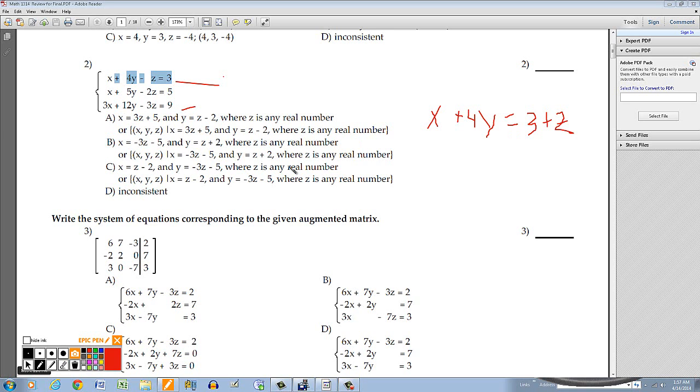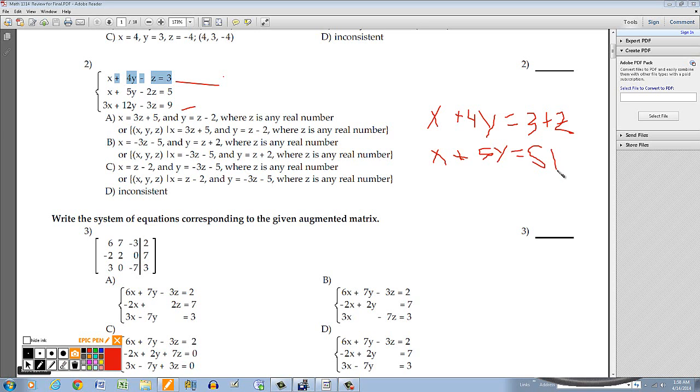Okay, and then in the second one, I'm going to do the same thing. So I'll get x plus 5y is equal to 5.